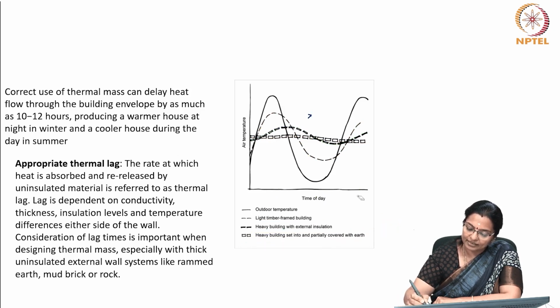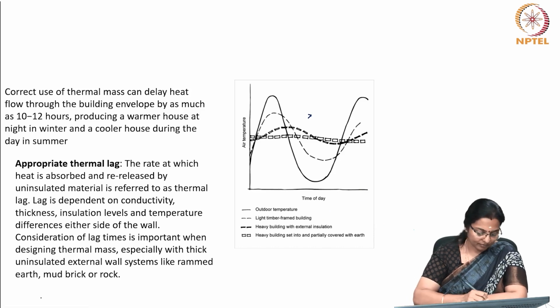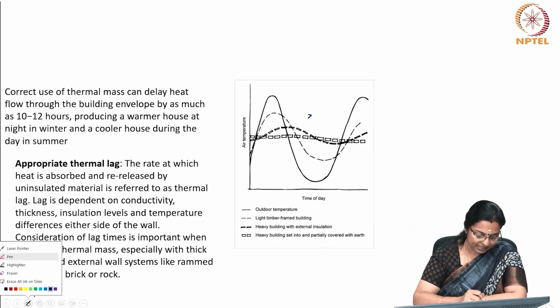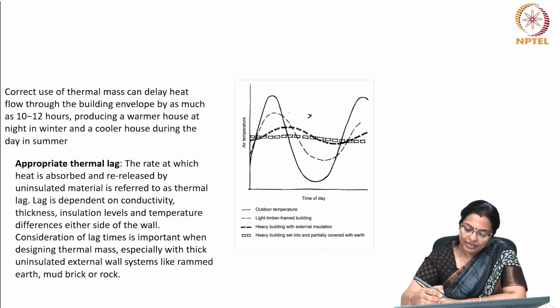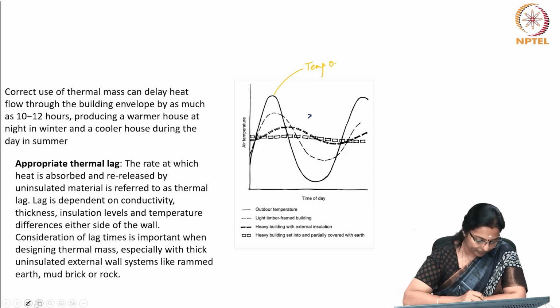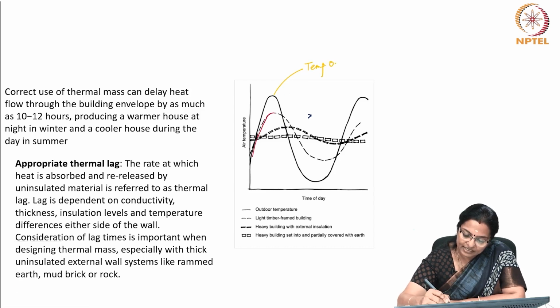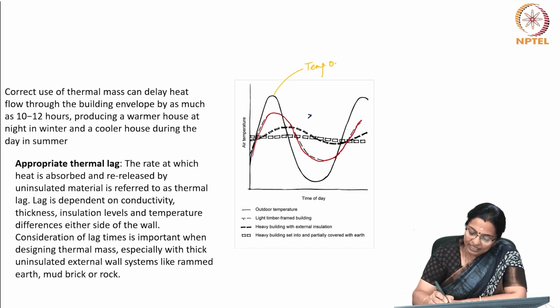Now, let us consider this graph. In this graph, you can see that this is the temperature outside. You can see this is supposedly the indoor air temperature of a light framed building. Look at the time lag.